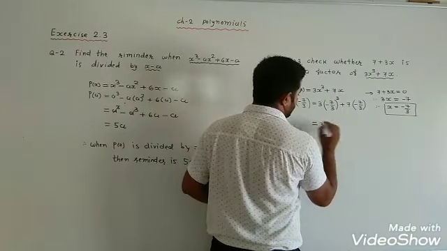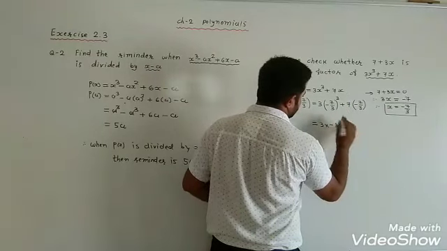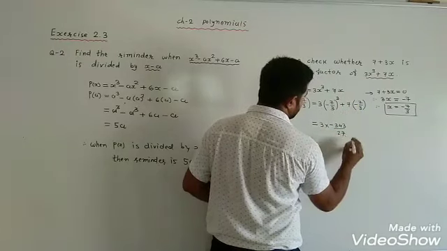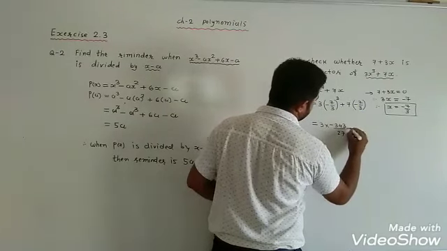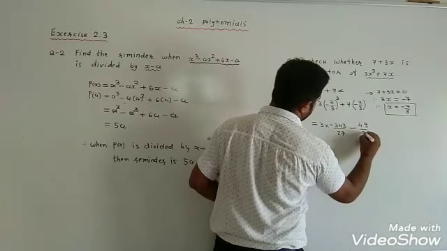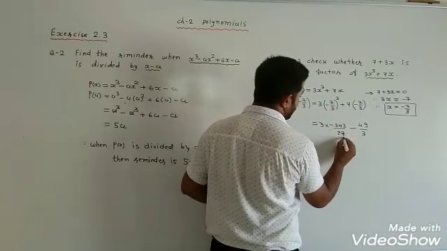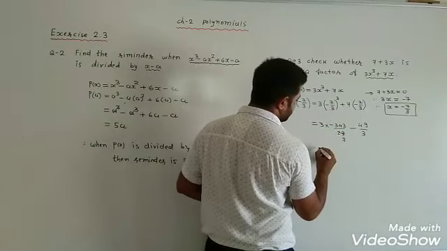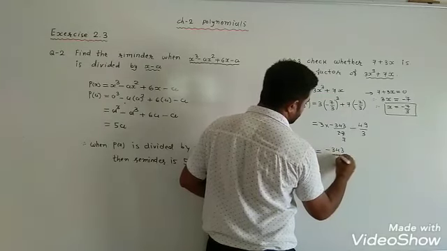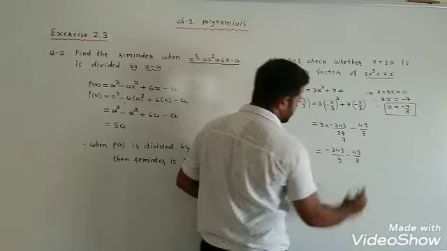Minus cube is minus 7 cube, that is 343, divided by 3 cube. So here we have 27 in the denominator, plus minus 7 into 7, that is 49, divided by 3. Now this 3 cancels with 27: 9 times 3 is 27. So we have minus 343 divided by 9 minus 49 divided by 3.